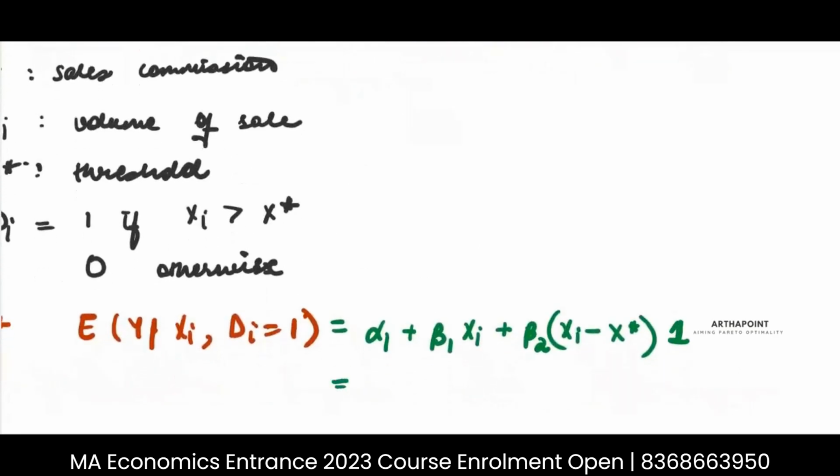So this will be alpha 1 plus beta 1 xi minus beta 2 x star plus beta 2 xi. This is what you will get as the equation, isn't it?